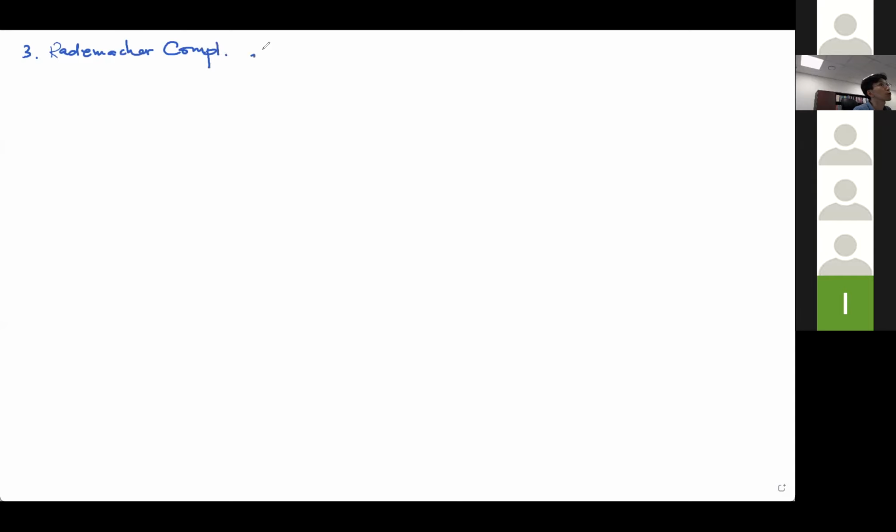And then growth function and VC dimension. They are all measures of complexity of a hypothesis class, which can be applied even when the hypothesis class is infinite.